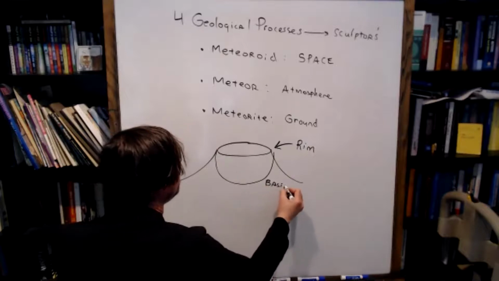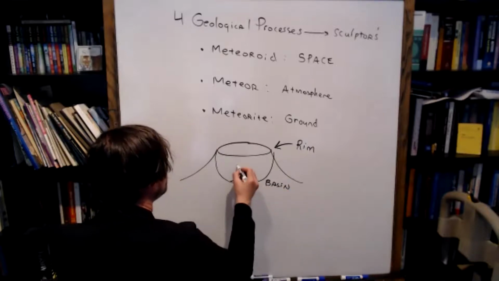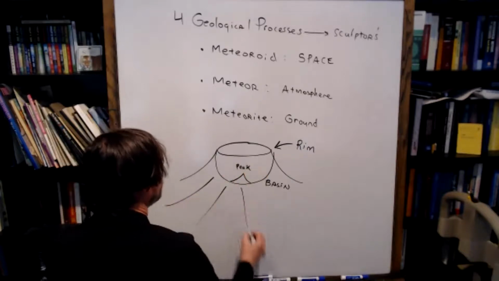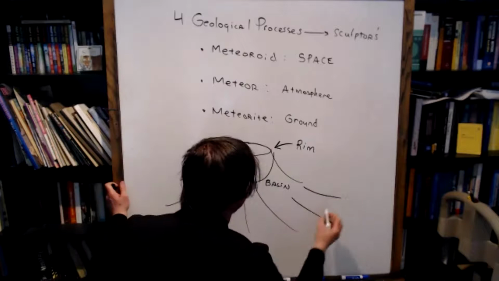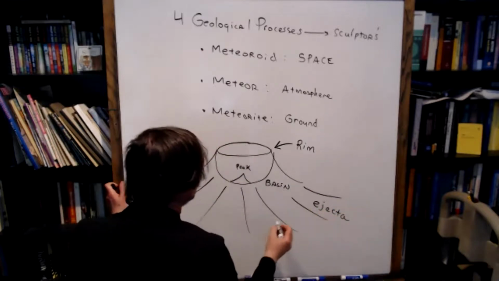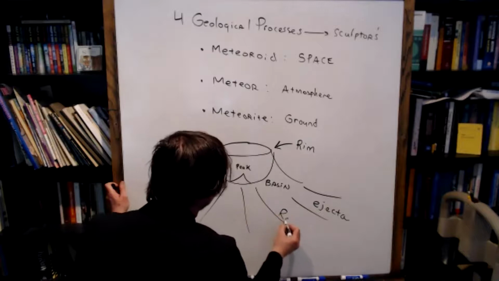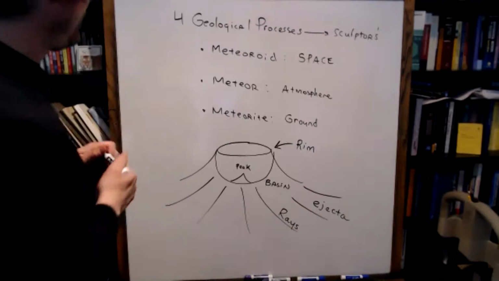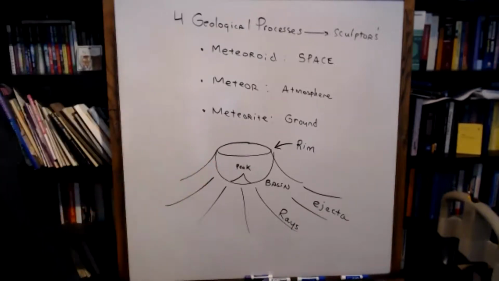This is the basin. As Jace was mentioning, sometimes they have a central peak. And then oftentimes craters would be surrounded by a blanket of, sometimes we call it ejecta. That's the material that it spits out. Sometimes when they're coming out like this, remember we call those rays. So there's a little diagram of a sort of model of an impact crater.